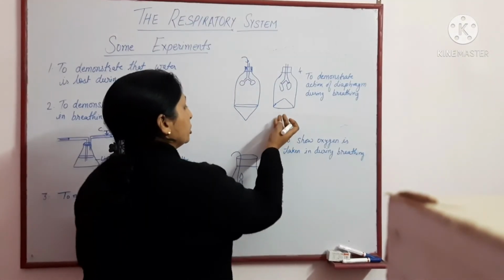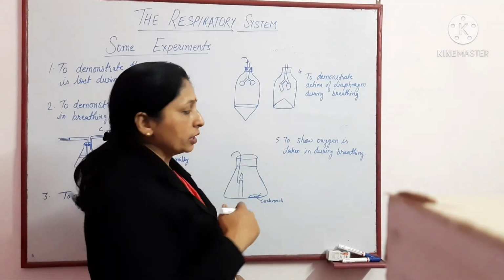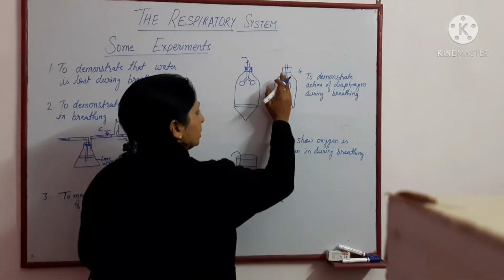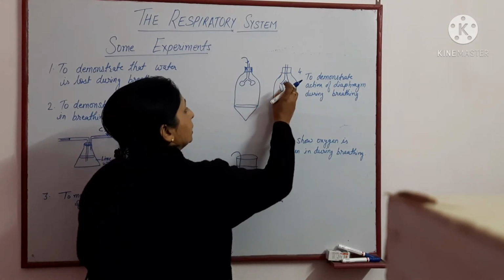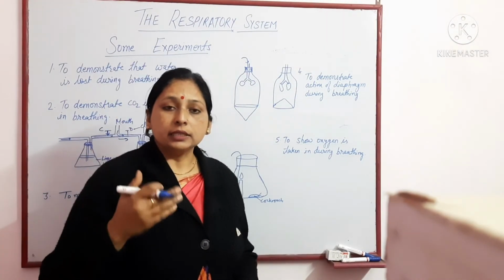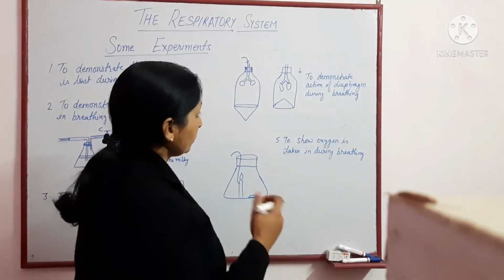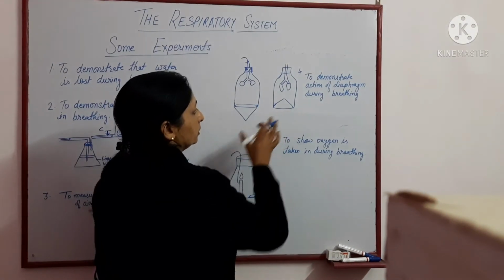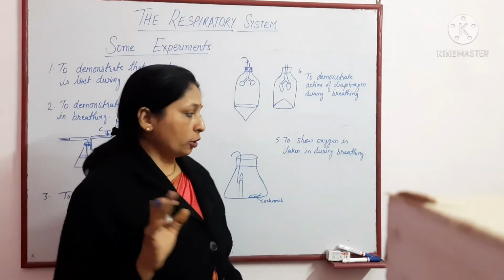Next, when we push the diaphragm back into the normal dome shaped structure, this reduces the cavity. Reduction in the cavity results in pushing the air out, or exhalation, and this is the process of breathing out. This is the role of diaphragm in the breathing process.